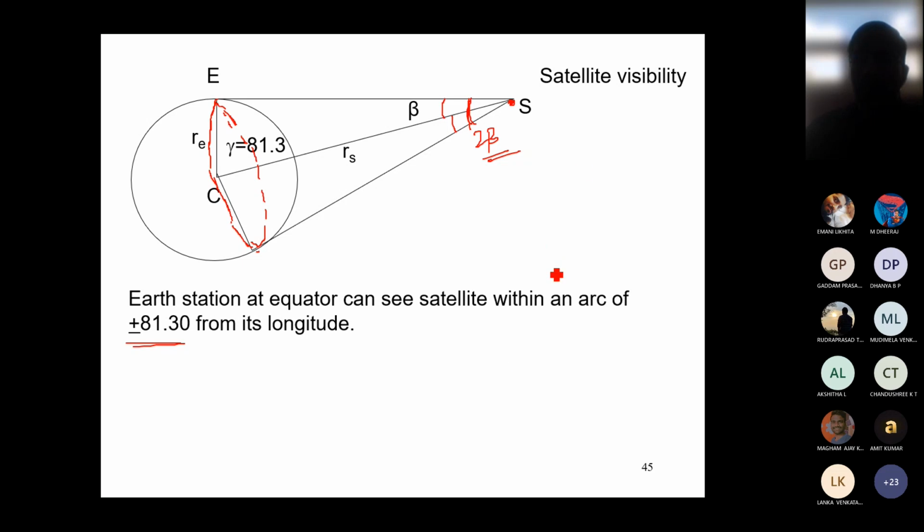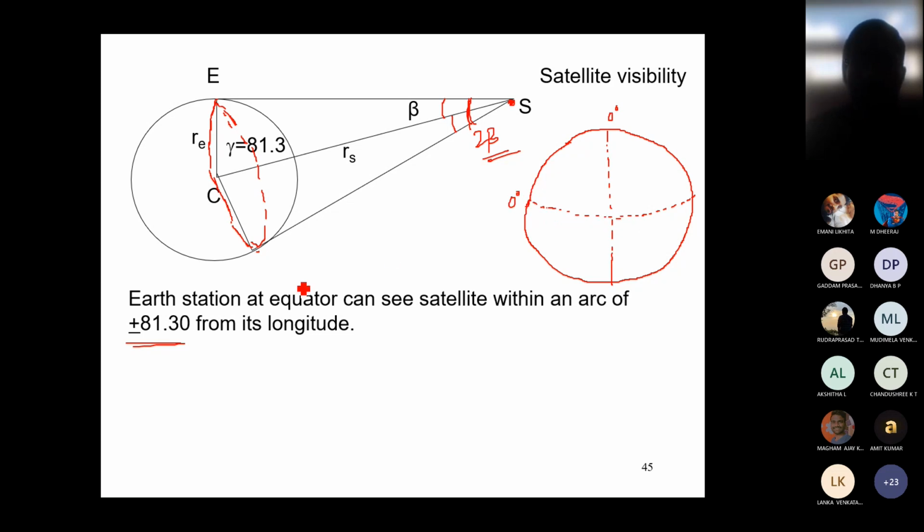Suppose this is the Earth, and the Earth station at equator. This represents the equatorial line, and this line represents the longitude line, which is the 0-degree longitude. So this is 0-degree longitude, and the equatorial line will be 0-degree latitude.